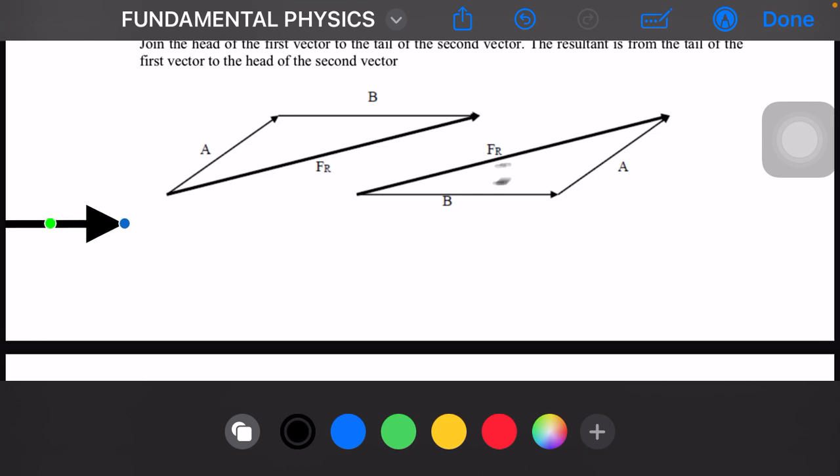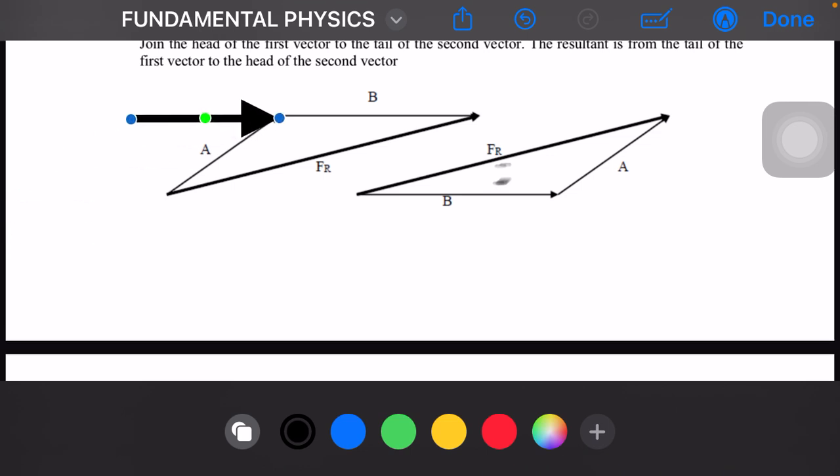So when you say head to tail, it simply means you draw a straight line. This is the tail of vector A, and this is the head. So the method is to join these two.